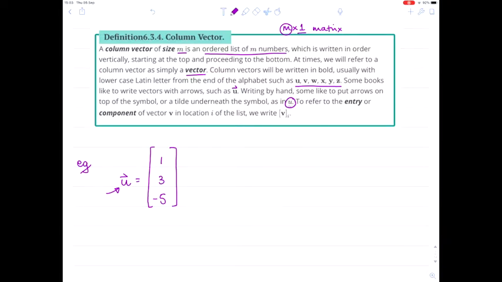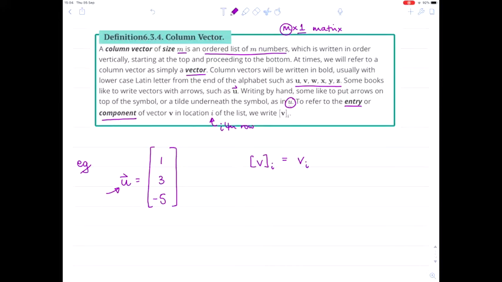And if we want to refer to an entry, sometimes called a component, of a vector in the ith position, so this is really in the ith row, then again the textbook uses square brackets around the vector with subscript i, but I will sometimes just write vi, and I won't put the arrow on top to indicate I'm not talking about a vector anymore, I'm just talking about a number.